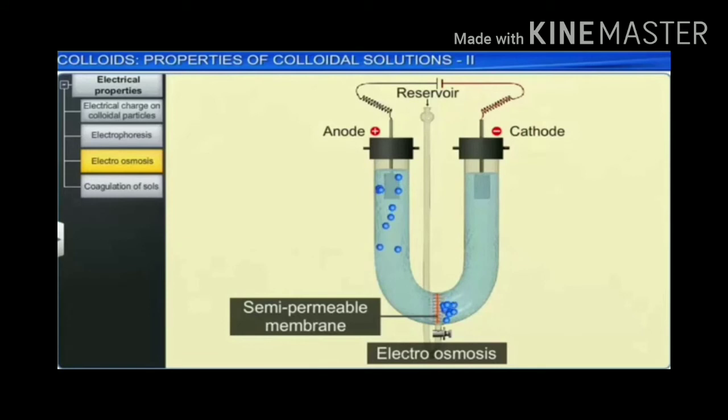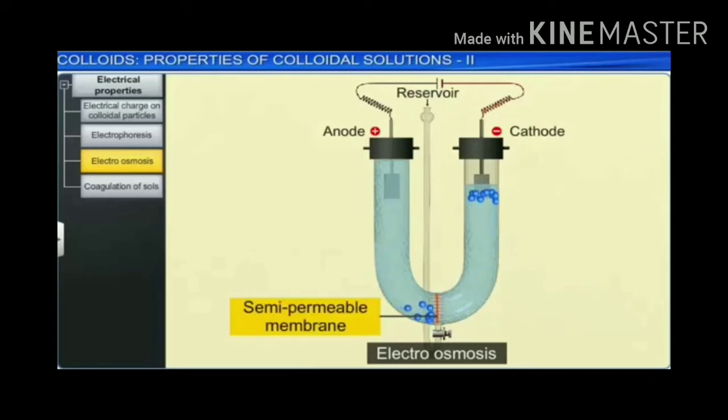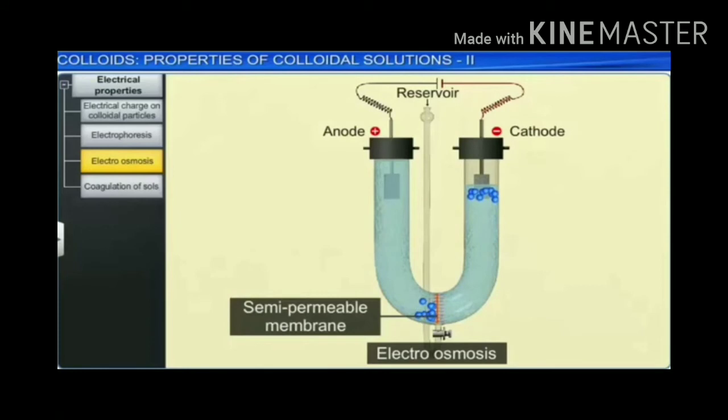Let's define it. Electro-osmosis is the movement of a dispersion medium under the influence of an electrical field when the movement of colloidal particles is prevented by a suitable membrane. Under the influence of an electrical field, the colloidal particles and the dispersion medium both have a tendency to move towards the oppositely charged electrodes.